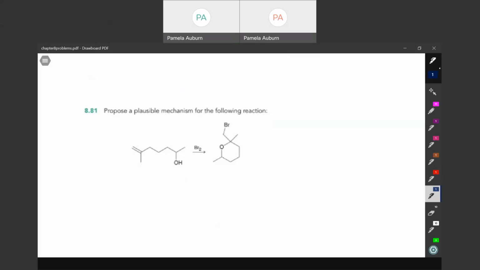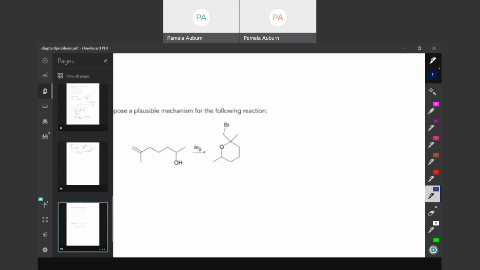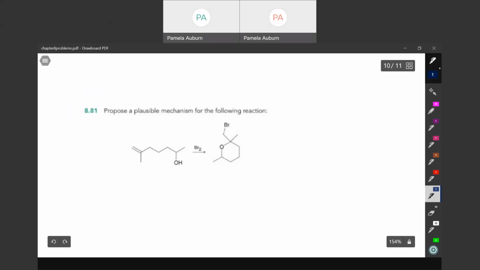So let's count some carbons. I've got, so this methyl right here is the methyl that's coming off right there. And then I have 1, 2, 3, 4, 5, 6. 1, 2, 3, 4, 5. And that's likely coming out that one and then the other double bond. Okay, so how am I going to do this?